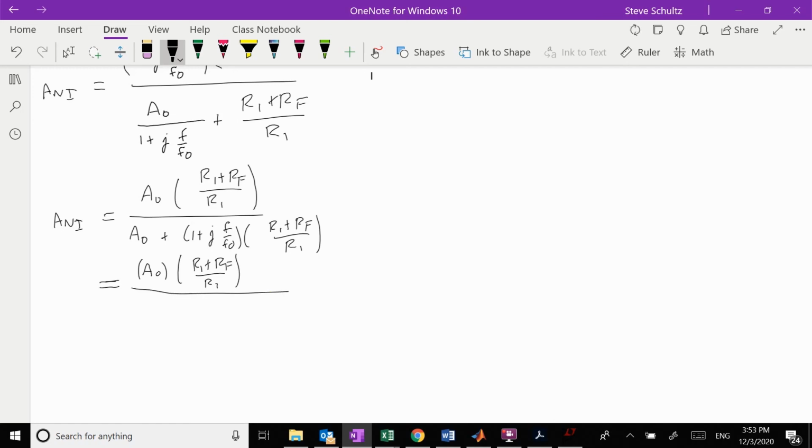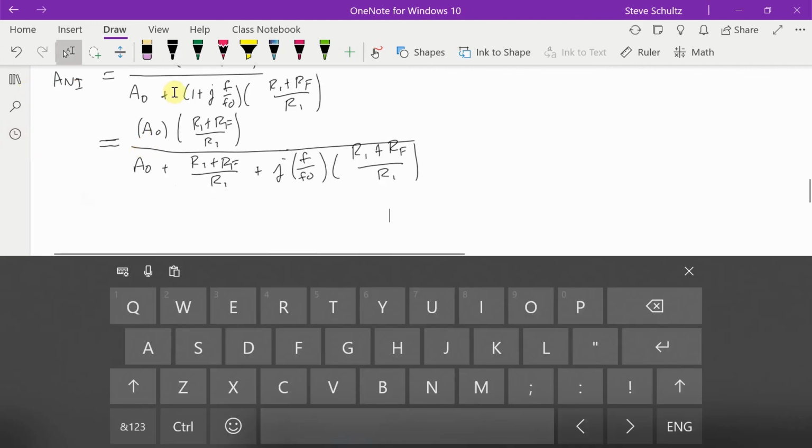And then the part on the bottom is A0 plus (R1 plus RF) over R1 plus jf over f naught times (R1 plus RF) over R1.